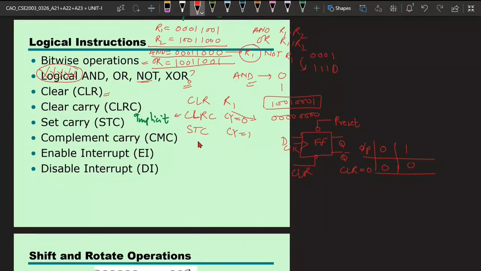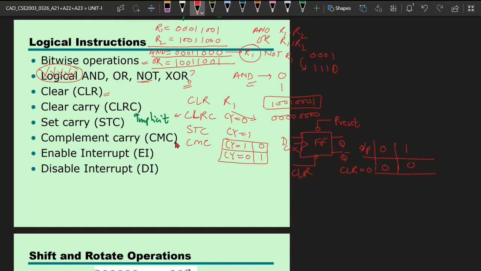Complement carry means CMC. So CMC is complement carry. If the content of carry is suppose 1 initially, then after performing this, it will convert it to 0. Or if it is 0, then it will be converted to 1. So it is going to complement the carry. Whatever the content of the carry will be, it will be complemented.